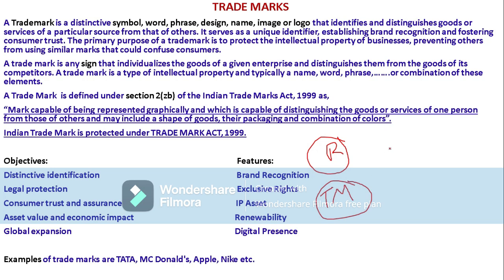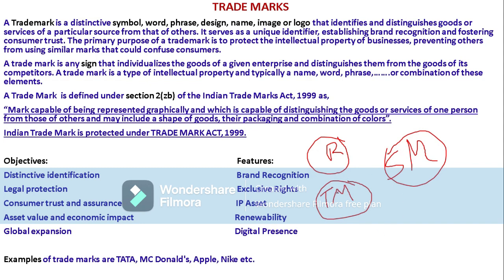And in some articles we will see SM. SM means unregistered service mark. So R represents registered trademark, TM represents the unregistered trademark, and SM represents unregistered service mark.